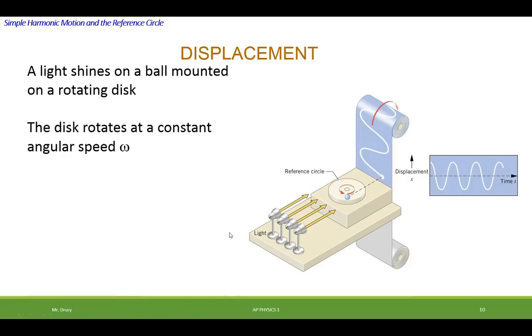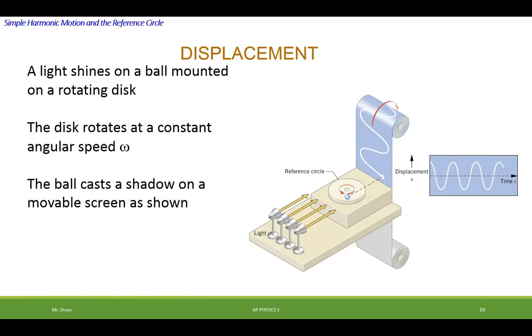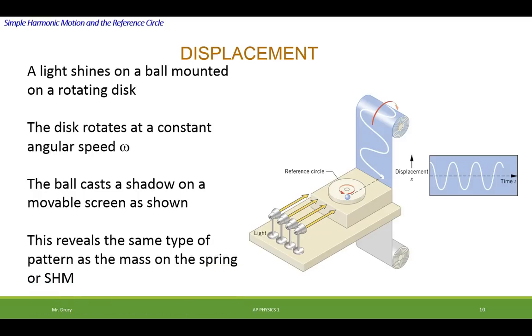So the disc has to rotate at a constant angular speed, omega, and the ball casts a shadow. And the shadow is indicative of simple harmonic motion because it actually reveals the same type of pattern as we did in the slide before.